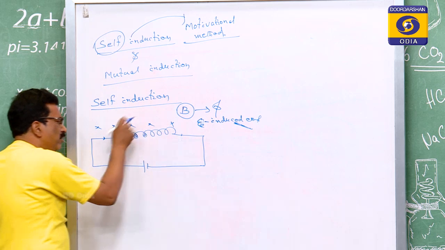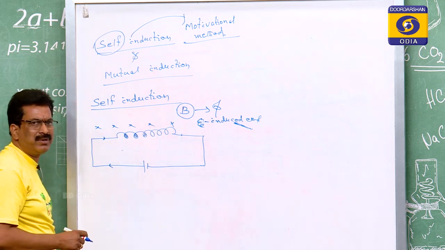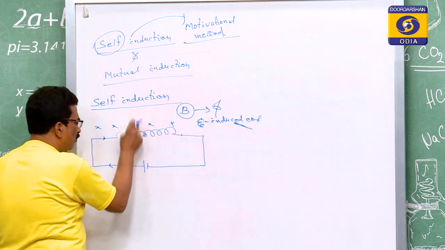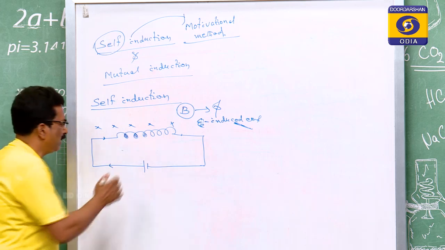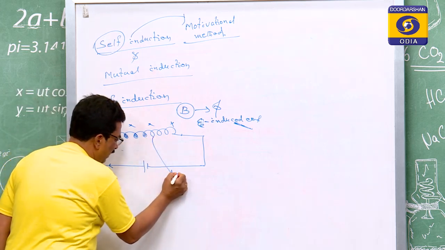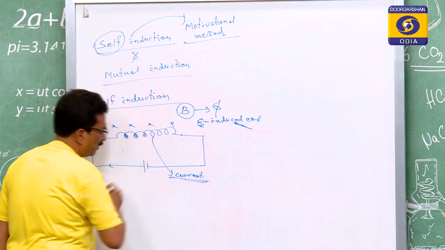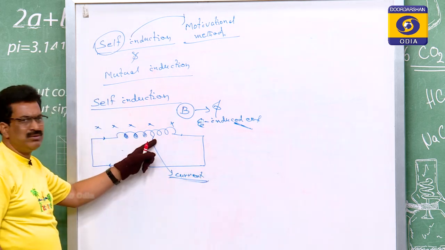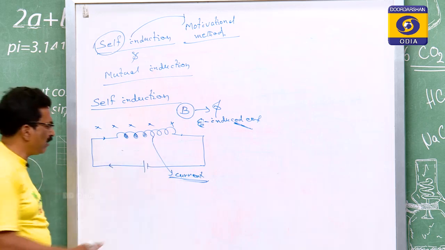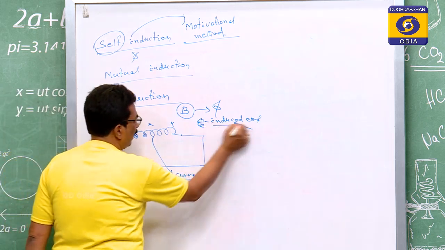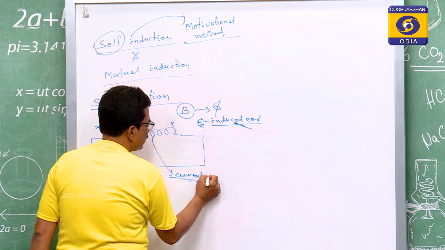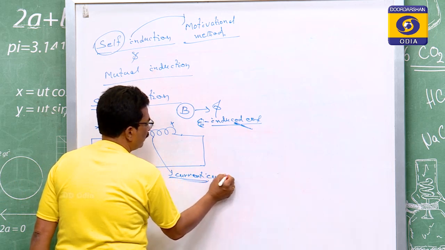So some induced current is developed here. Inside this, automatically a current will develop, which is called the induced current.